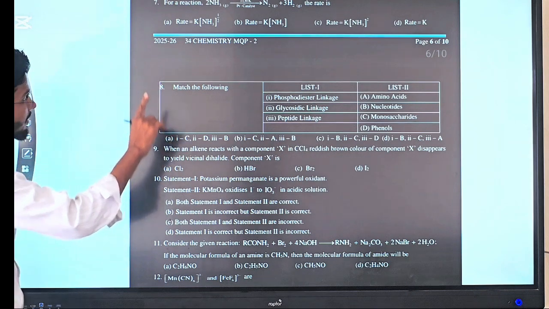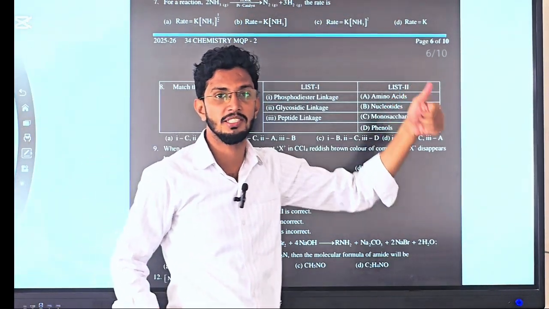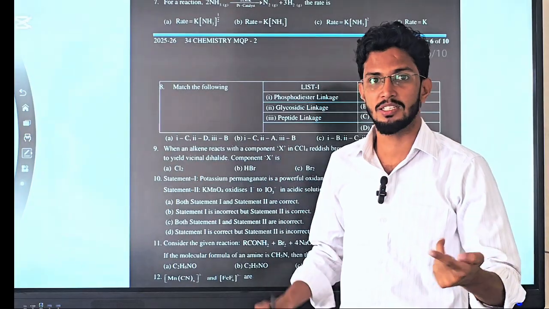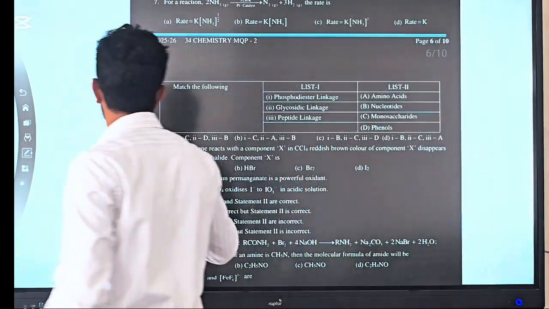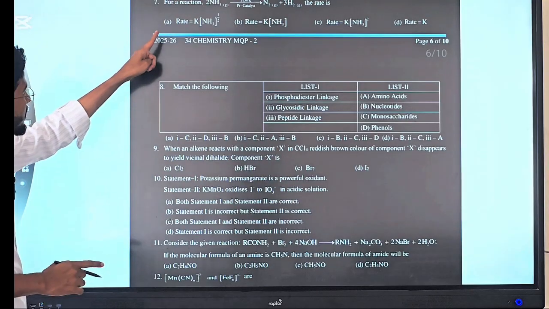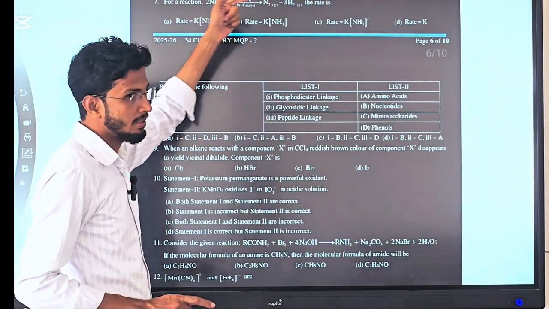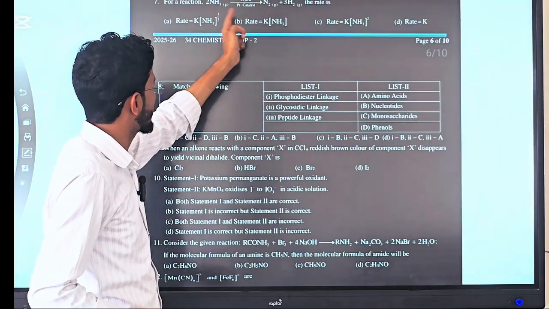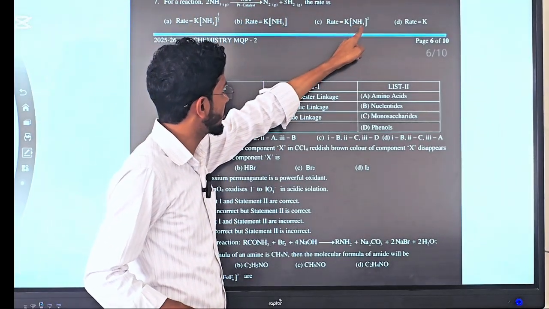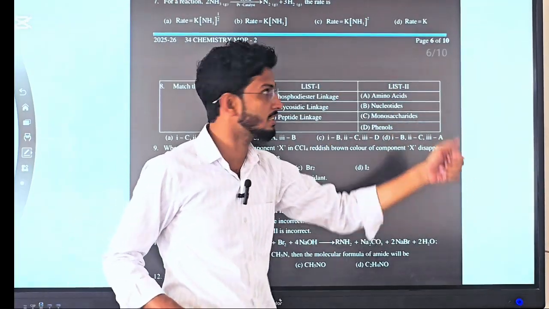If it was given that this reaction is elementary or simple reaction, then we apply the law of mass action and write that R is equal to K concentration of the reactant to the power coefficient. The answer will become R equal to K [NH3]^2. If it was given simple, then answer will be C.